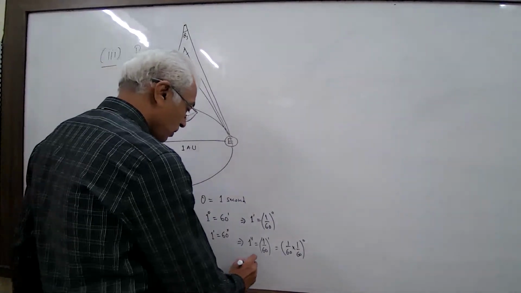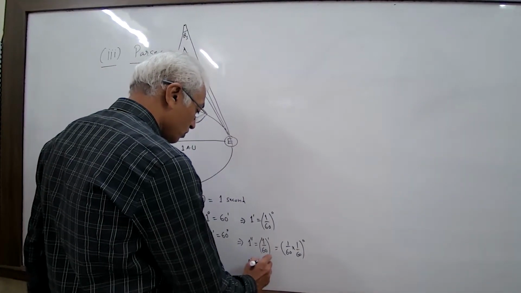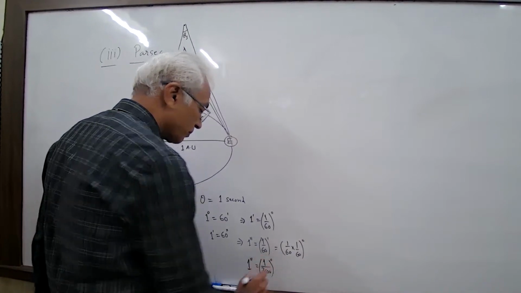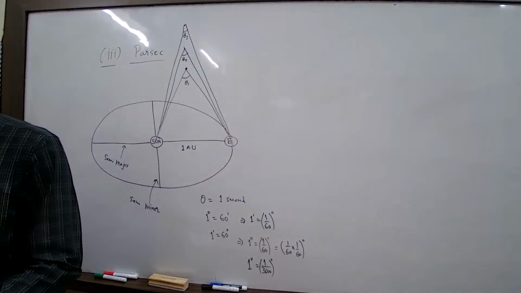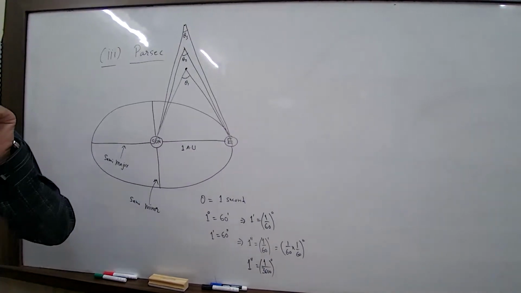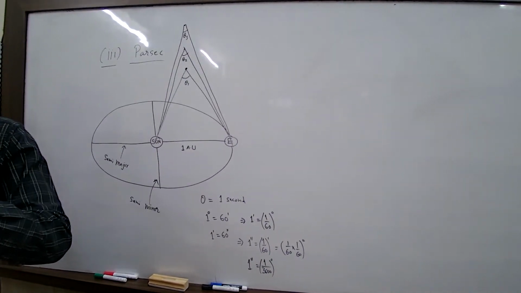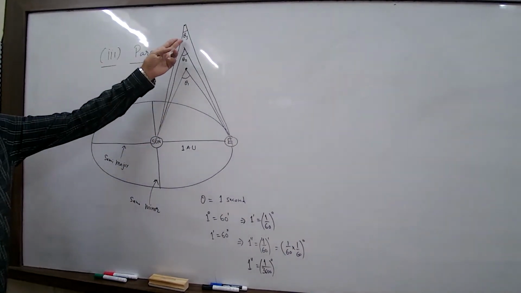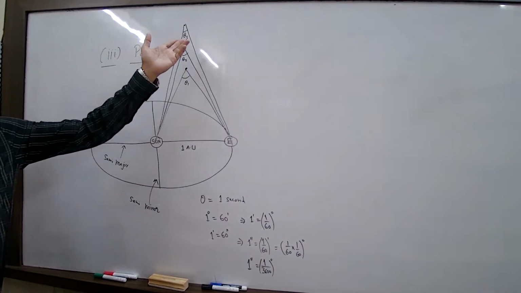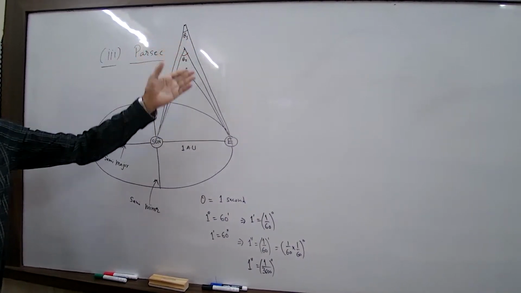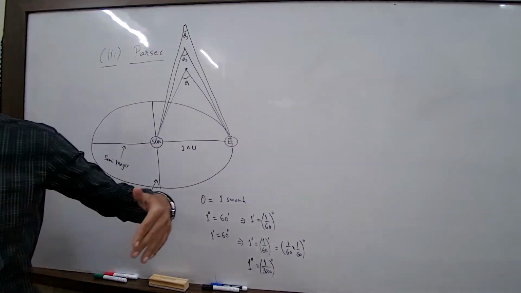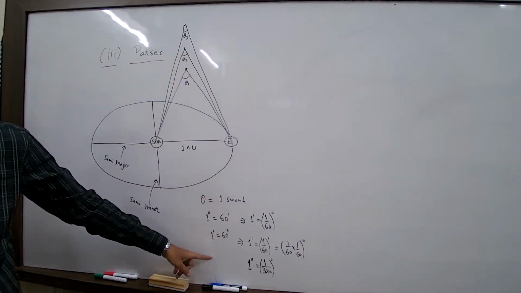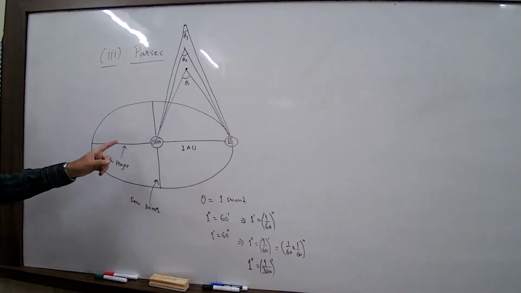So that means 1 second is equal to 1 by 3600 part of a degree. That's a very small angle. 1 degree itself is so small, and you have made 3600 parts. So such a small angle, so you have to keep going far away from the sun and earth to make this angle as 1 second. So that distance is called 1 parsec.